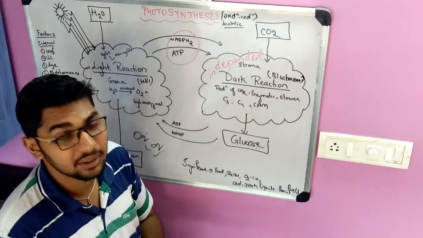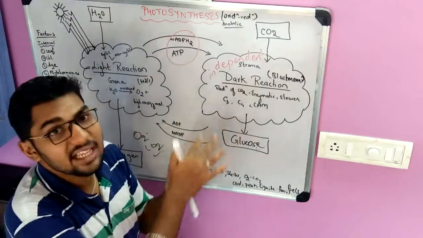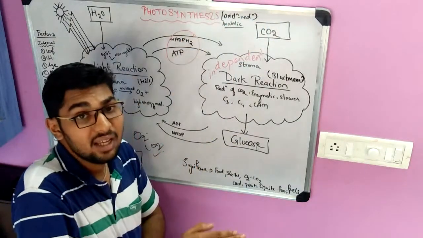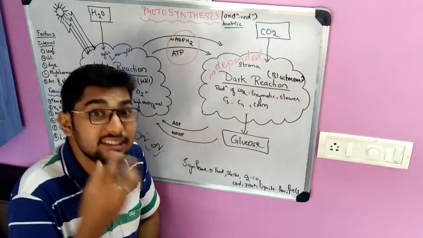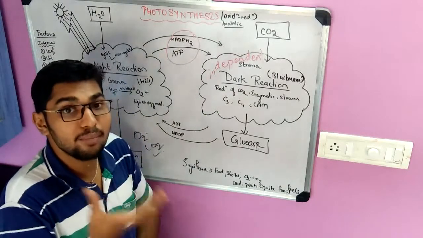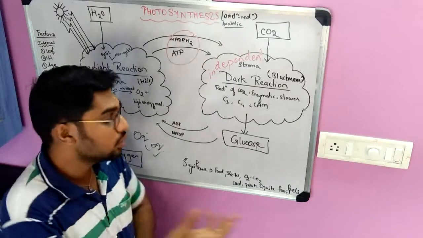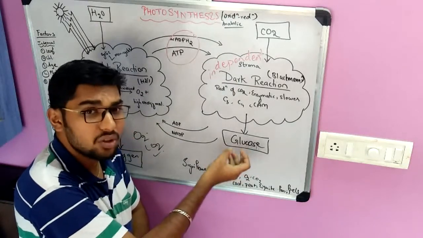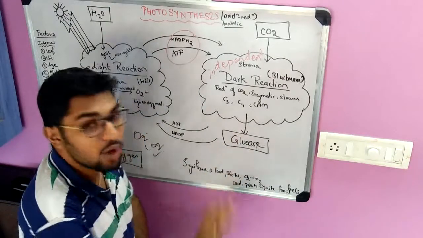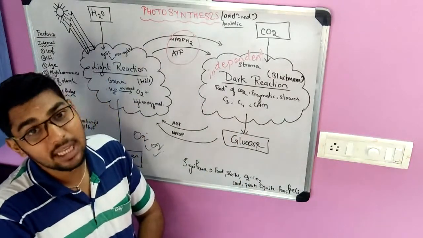In this reaction, what happens is the carbon dioxide is fixed, or carbon dioxide is assimilated. Carbon dioxide is reduced to form food, that is glucose. It may be glucose, sucrose, fructose, maltose, hexose, any other sugars, carbohydrates or proteins depending upon the type of plants.